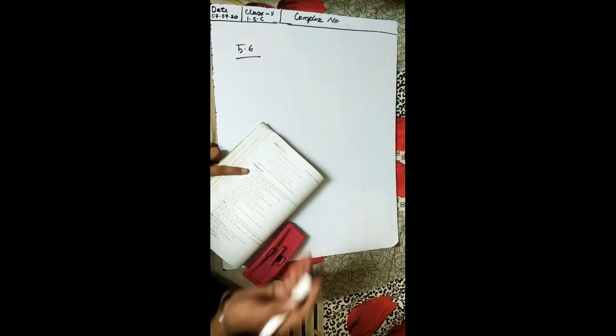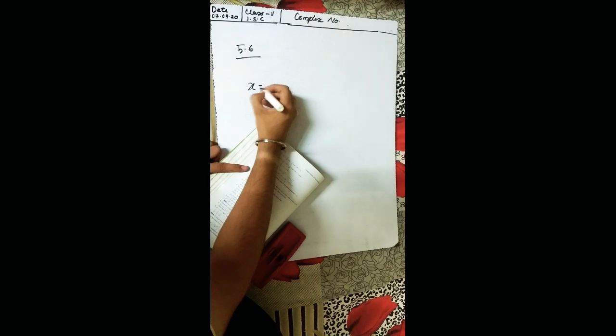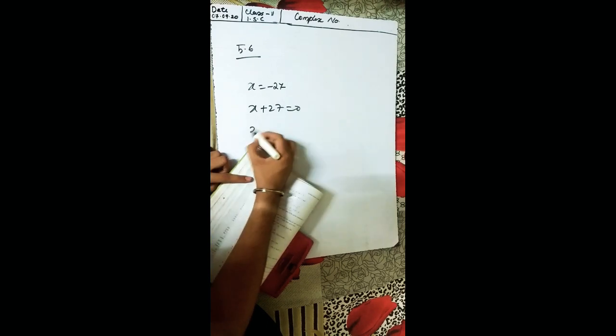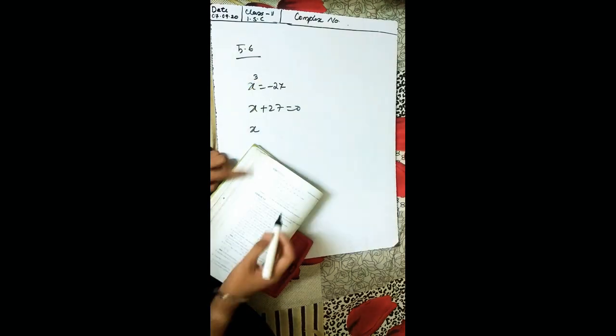Okay, exercise 5.6. The very first question. Find the cube roots of minus 27 and show that the sum of cube roots is equal to 0. You have to prove the first identity, first property. So consider x is equal to minus of 27. Take minus 27 here, so it will be plus 27 equal to 0. Sorry, cube is there.